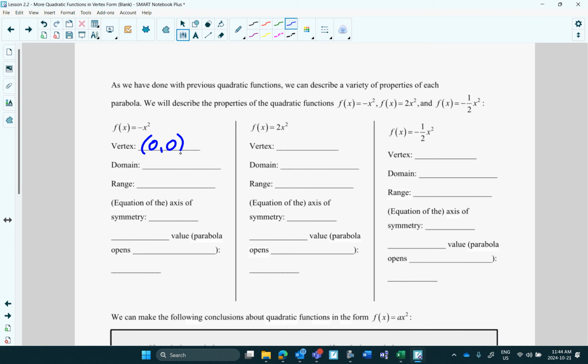Always the same. Because it goes to the left forever and to the right forever. Be careful with the range. Lowest to highest. Negative infinity to 0, with a bracket around 0.